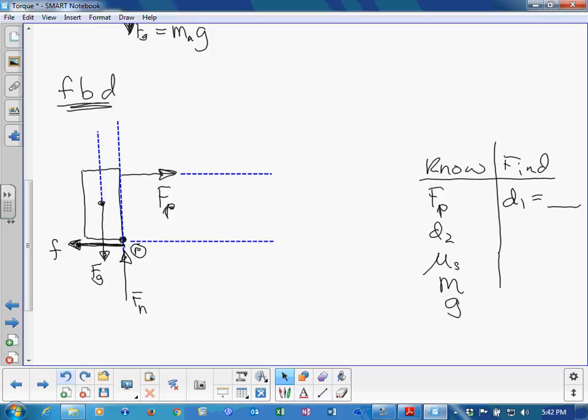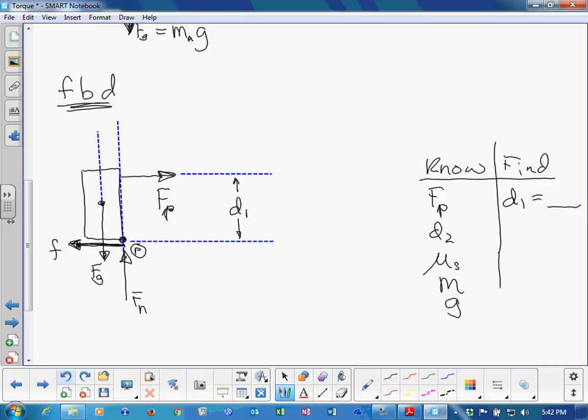Let's say we're going to make a problem now. What I want to find is where exactly I can apply that force such that the block will just barely begin to tip. In other words, what is the maximum distance that I can have between the pivot point and the line of action of the pulling force such that it will just start to tip over?